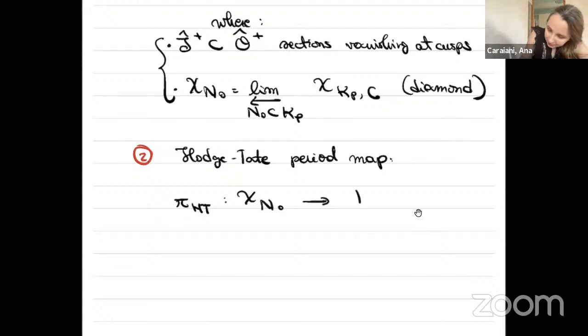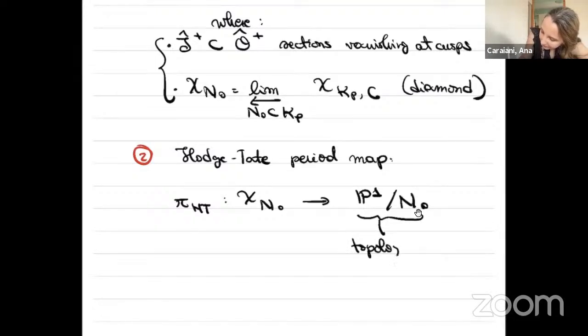I can look at it like this, where I really don't care about what kind of object this is, except as a topological space. Right, so the Hodge-Tate period map, if you want it to be nicer, you have to go to full infinite level, and then it lands in the period domain, which, in the case of the modular curve, is P1.